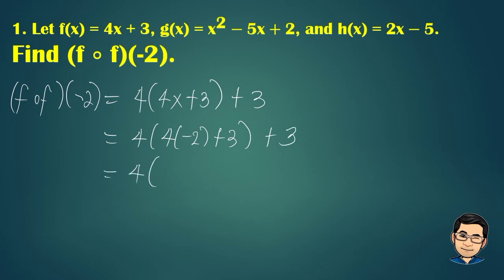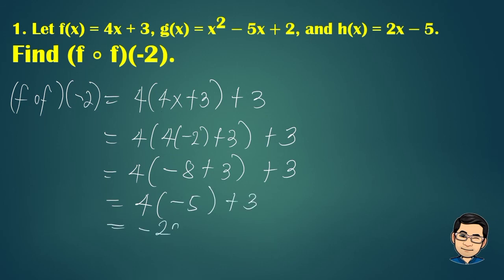What is 4 times negative 2? That is negative 8 plus 3. And then, plus 3. 4 times, what is negative 8 plus 3? That is negative 5 plus 3. And then 4 times negative 5, that is negative 20 plus 3. Finally, negative 20 plus 3 is negative 17. So, f of negative 2, okay, is equal to negative 17.